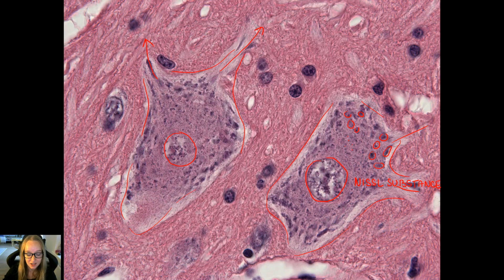The whole cytoplasm of a neuron is basophilic because it contains a lot of ribosomes. Why does it contain a lot of ribosomes? Well, probably this cell is producing a lot of proteins, many proteins.